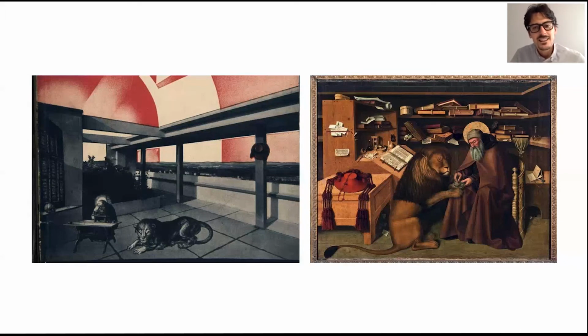While in the Renaissance engraving Saint Jerome is surrounded by many objects, in the collage made by Max Fischer, a friend of Adolf Behne, the author of the book, there is no more this cabinet of books, but what is represented is just what is essential. So there is a hat here, there is the stable. Basically the lion is a very domesticated animal here, mostly like a dog.